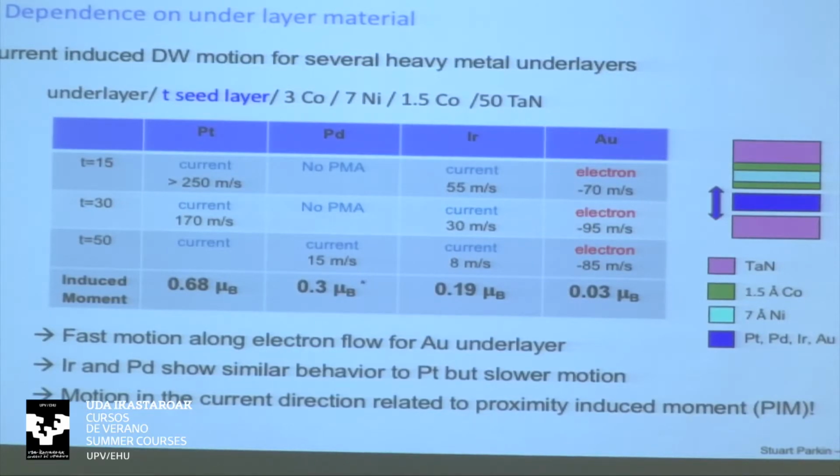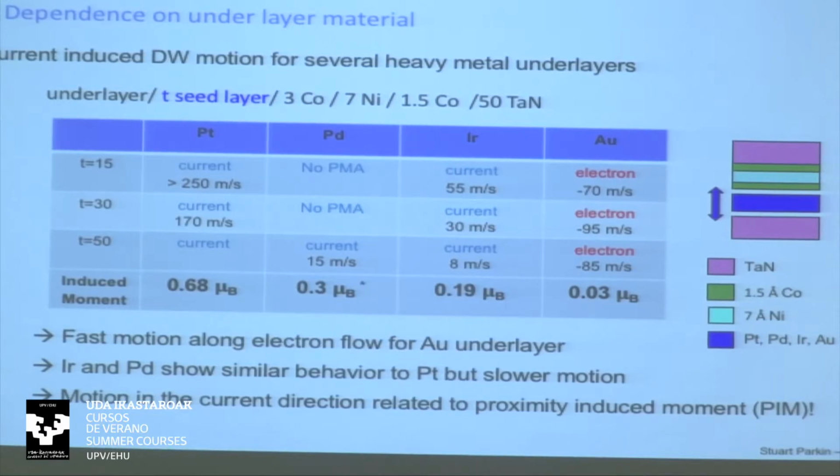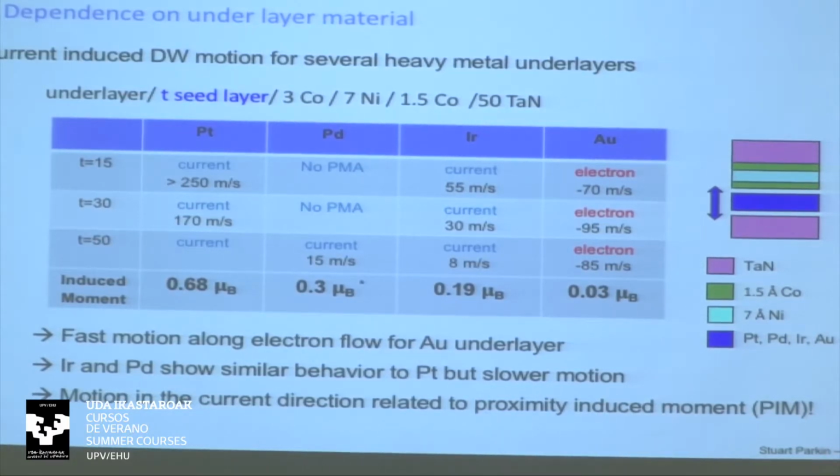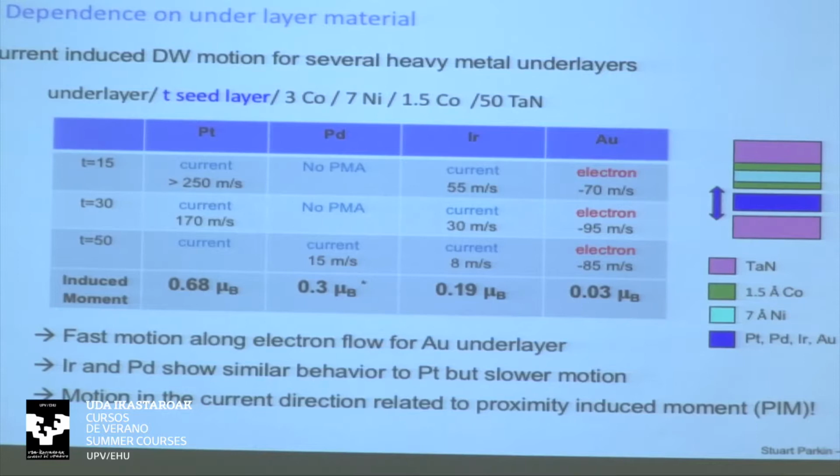And it turns out that we could also not just use platinum, but we can use other heavy metal layers like palladium and iridium. And each of these layers gives rise to a very, very strong induced magnetic moment. So the platinum, palladium, and iridium in proximity to this cobalt layer become themselves significantly magnetic. The platinum has moments of maybe a Bohr magneton or so. So it's very, very significant compared to cobalt.